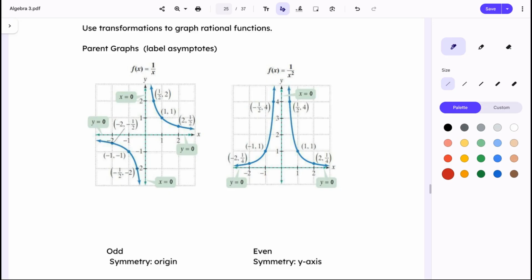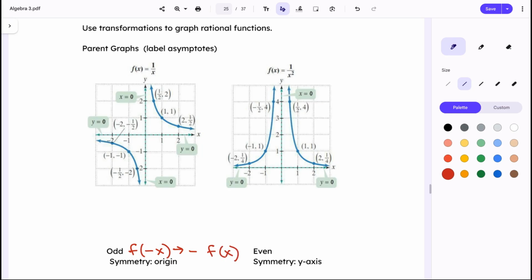Something else to know is that on some of these you'll have even or odd symmetry. Remember, odd symmetry is when you negate the x value. So if I had a function and I put a negative in for x, so if it was a 3 and I changed it to a -3, it's going to impact what the rest of the function looks like. Remember, odd means that it becomes negative f of x.